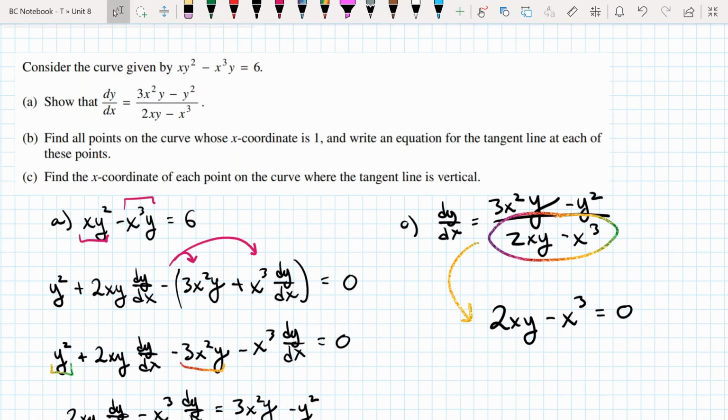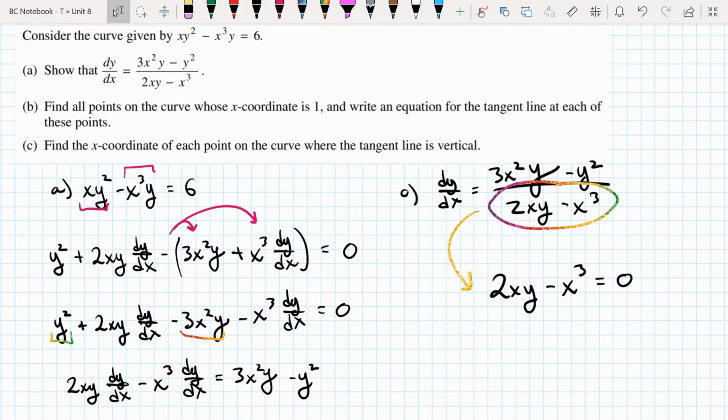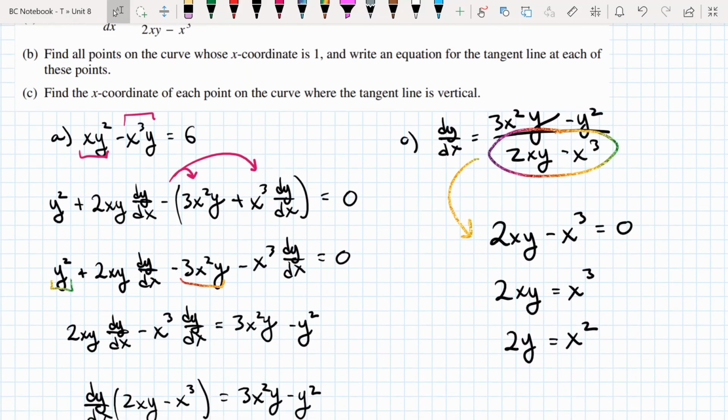So when this relationship between x and y is true, then the denominator of the derivative will be 0, which means the slope of the tangent line will be a vertical slope. Okay, so let's simplify this a little bit. I'm going to move the x cubed over, and then we could divide by x as well. So x squared is equal to 2y.